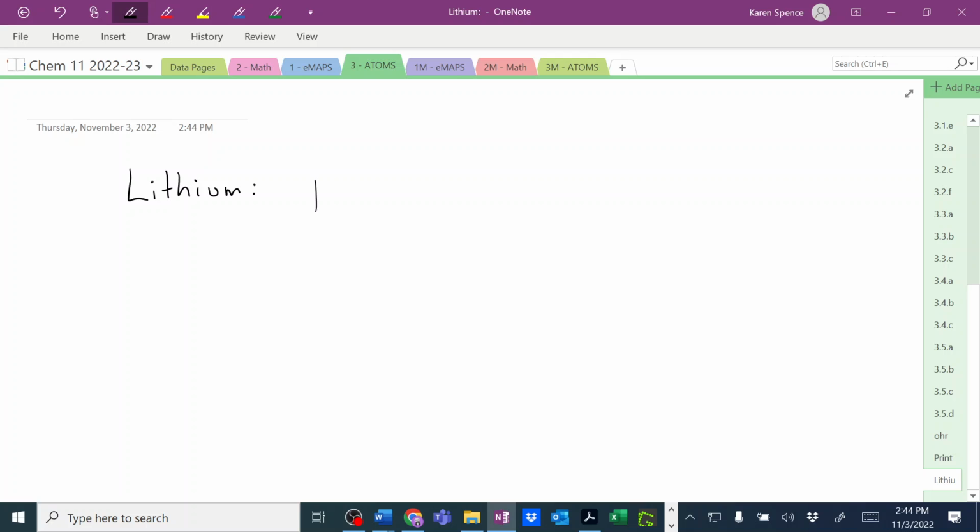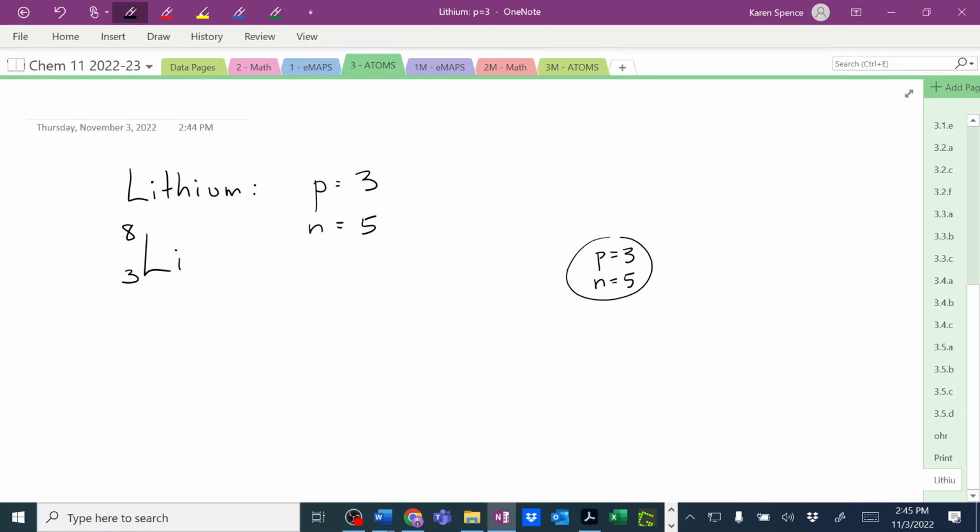How many protons in lithium? 3. If it is lithium, how many neutrons? 5. Okay, so in our middle, we're going to have protons equals 3, neutrons equals 5.